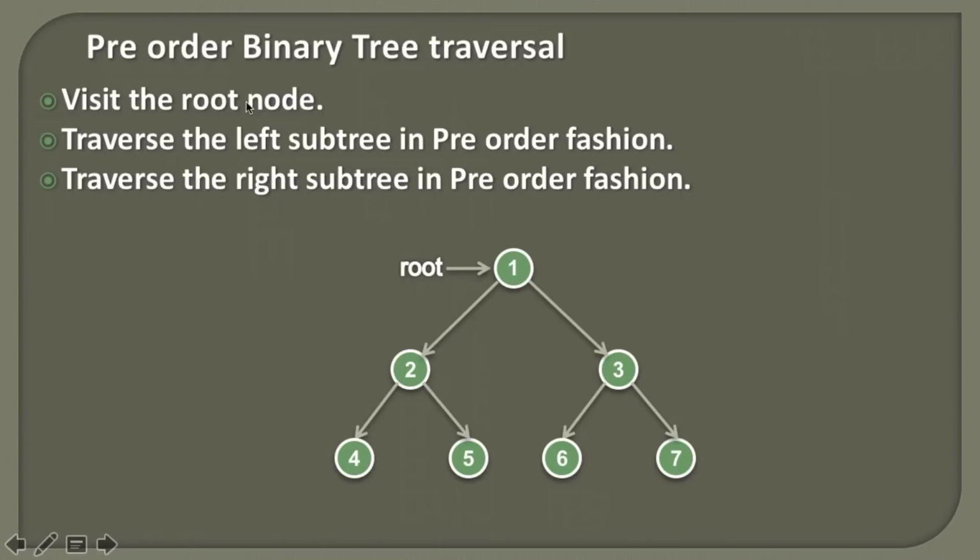We apply these 3 steps on the node 4. We first visit this node, and then we traverse its left subtree, and then its right subtree. Here you can see node 4 has no left subtree and no right subtree. Therefore we are done with the processing of this node, and then we return back to the node having data as 2. So we have processed this node 2, we have processed the node 4.